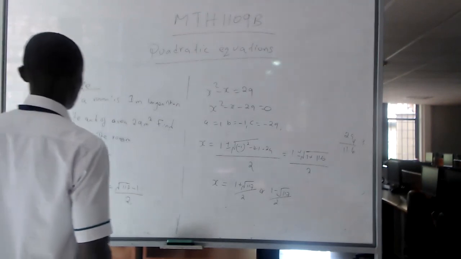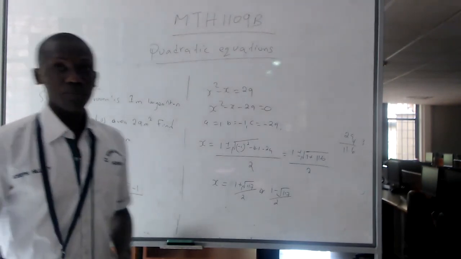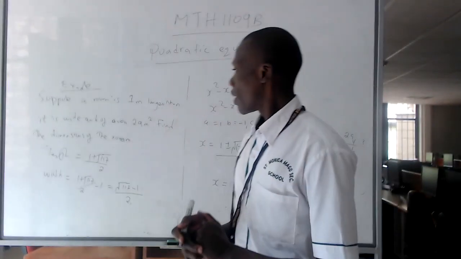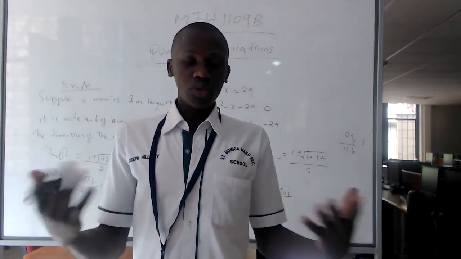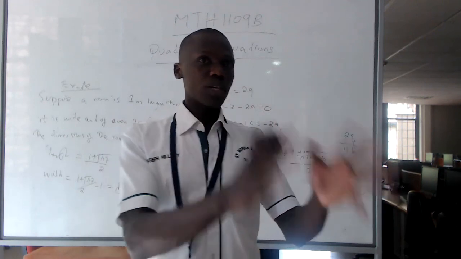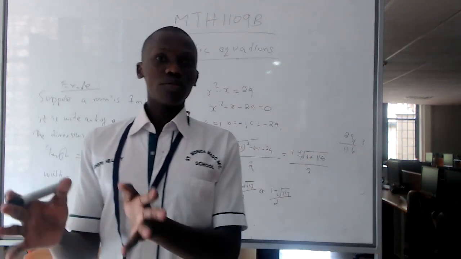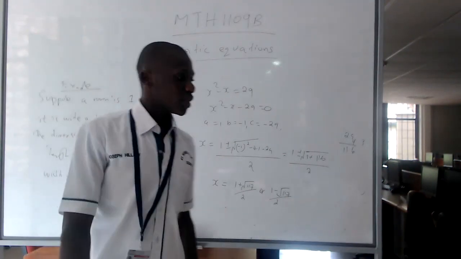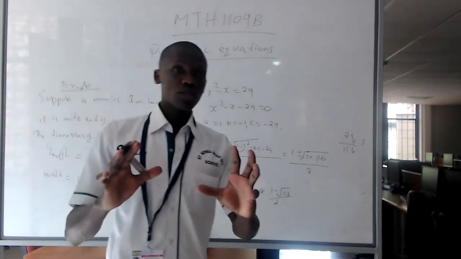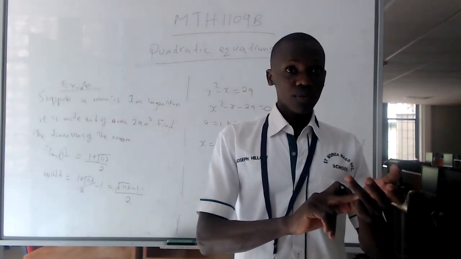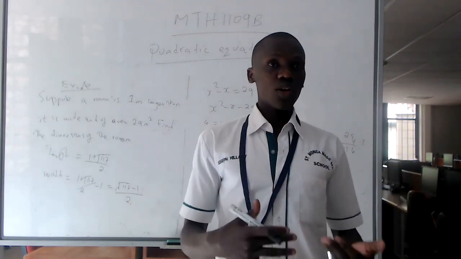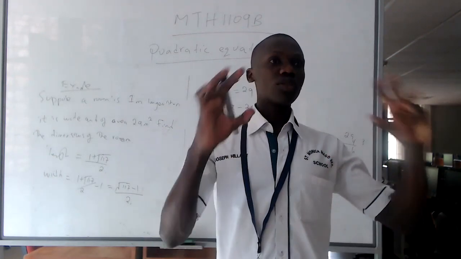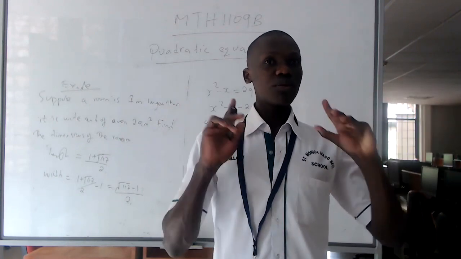That marks the end of the topic of quadratic equations. We have defined a quadratic equation as a polynomial of degree 2. From the expression, when you introduce an equal sign, you get an equation. Then we have looked at 3 methods. The method of factorization: factorize the left-hand side, and then use the property of real numbers that a product of real numbers can only be 0 if one of them is 0.